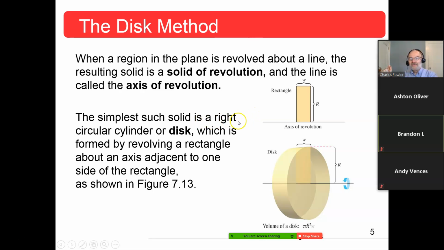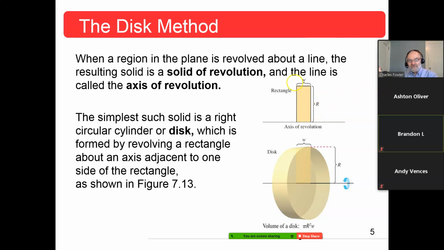So let's just imagine you had a line right here. There's a horizontal line, y is equal to 7, 3, or whatever that height is, that R that they're showing here.